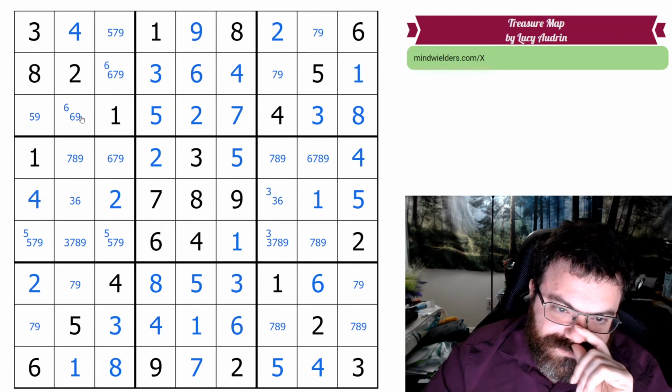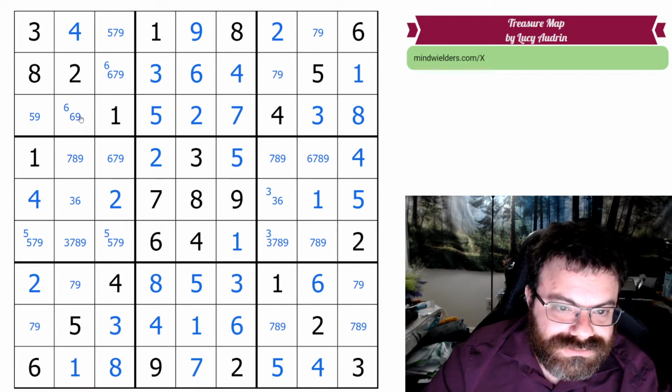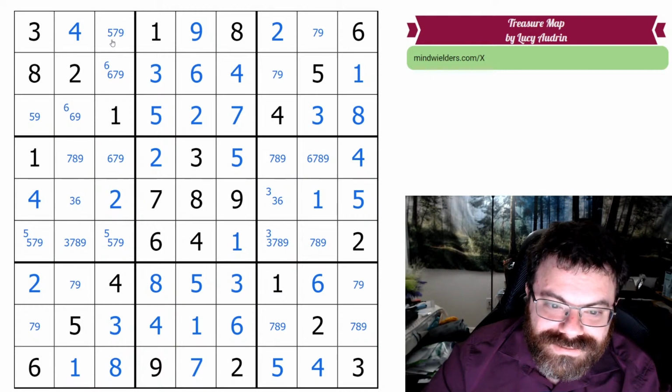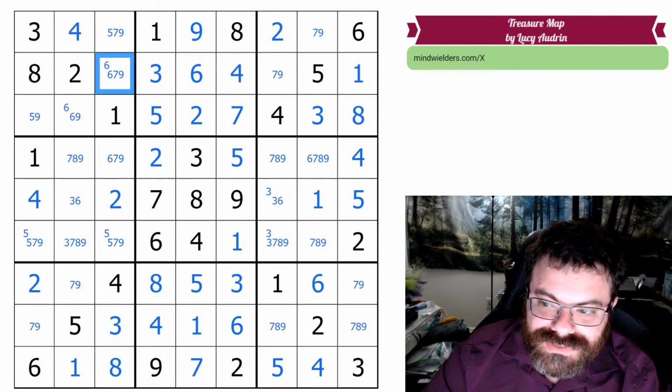So I guess I'd call that a finned Y-wing. This can't be 6 anymore.